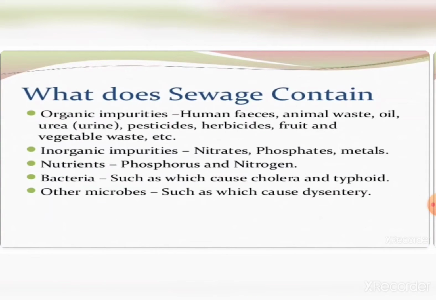What does sewage contain? Organic impurities like human feces, animal waste, oil, urea, pesticides, herbicides, fruit and vegetable waste, etc. Inorganic impurities like nitrates, phosphates and some metals.